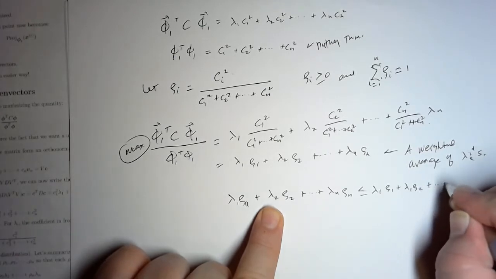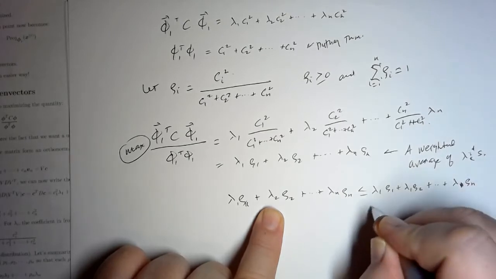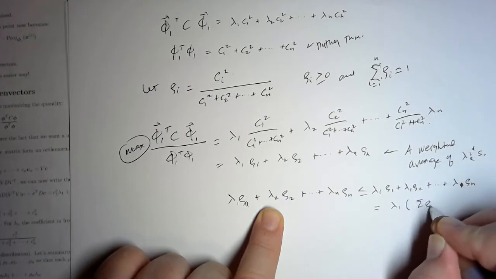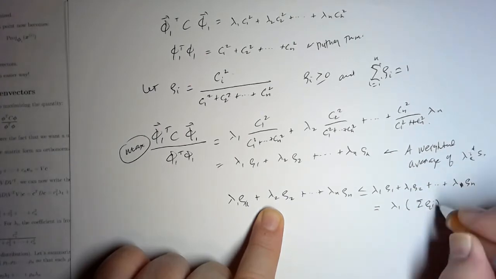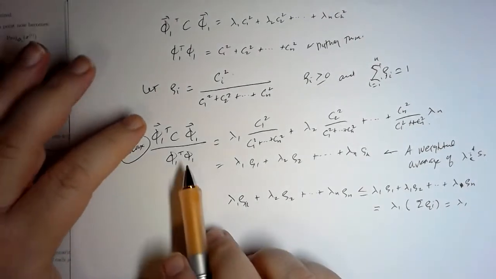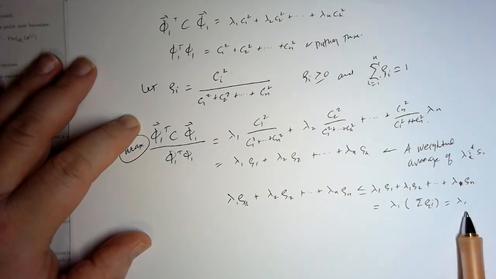So I can replace everything with something bigger: lambda 1 times rho n. And notice that is equal to lambda 1 times the sum of the rhos, which is equal to lambda 1. Therefore, this expression can never be bigger than lambda 1, the biggest eigenvalue of C.